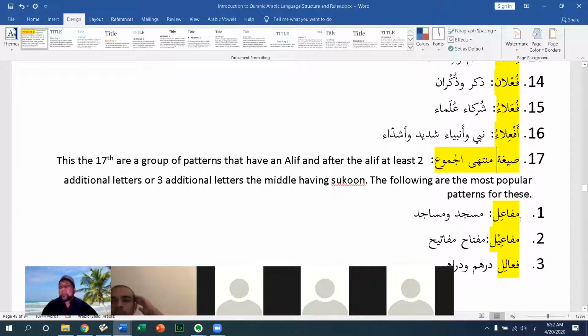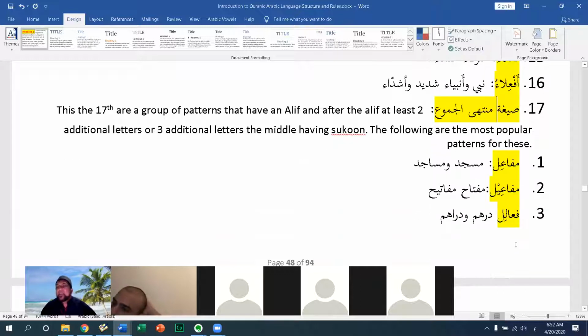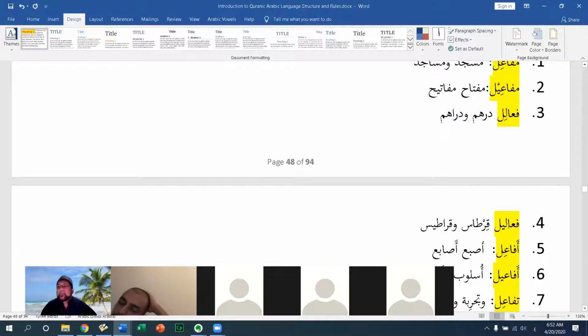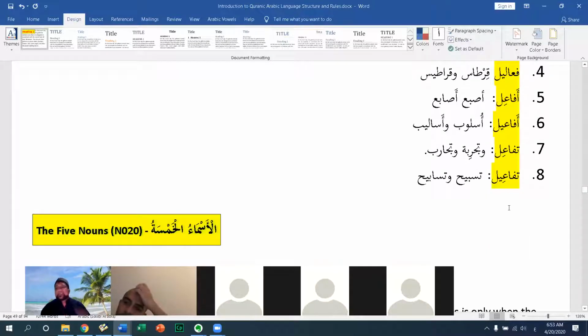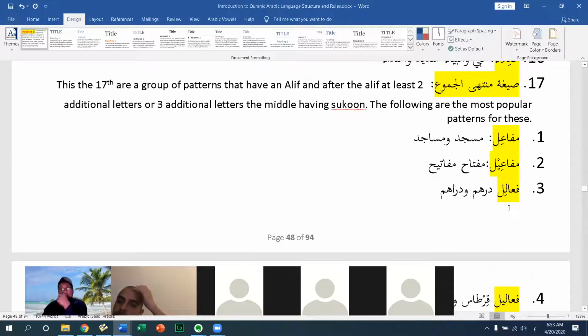مفاعيل فعاليل أفاعيل تفاعيل. For example, مسجد مساجد. مفتاح مفاتيح. وعنده مفاتيح الغيب.